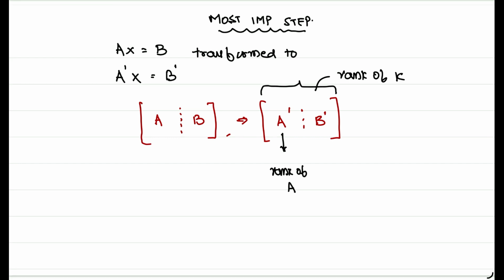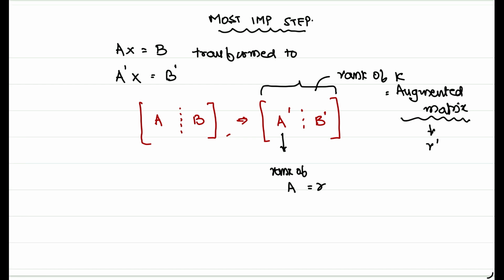Let us say this is K, augmented matrix. The rank of A, let us call it R, and for the whole matrix A dash and B dash together, we will call it rank R dash.